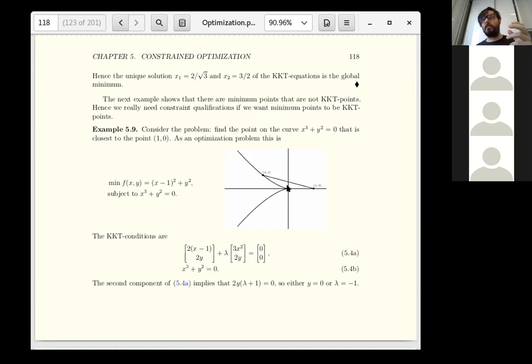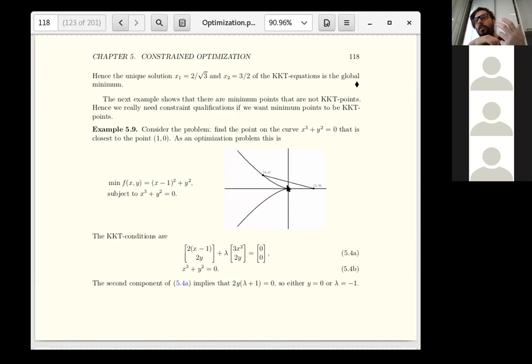It doesn't satisfy the KKT conditions, because, remember, one of the constraint qualifications was that the gradients of the active constraints must be linearly independent. The equality constraint is always active, and if it has a gradient 0, then no matter what kind of collection of gradients we have, if it has a 0 vector in it, it's not going to be linearly independent.